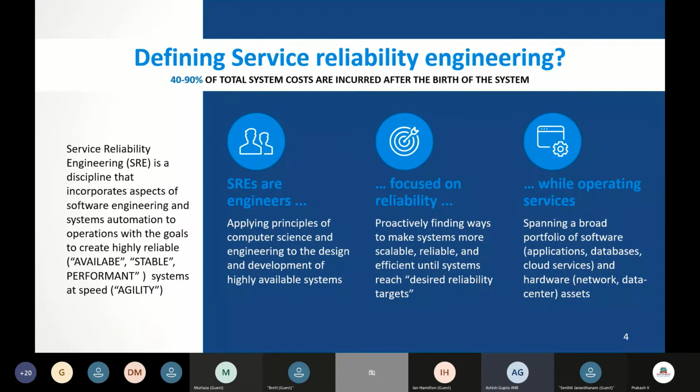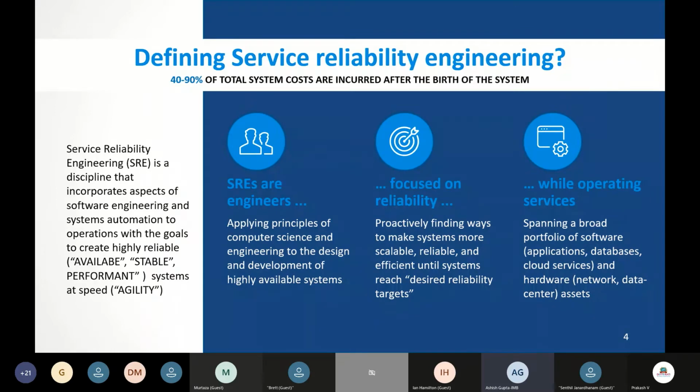And then it also includes the infrastructure component, which would be a combination of your network, your data center assets, and so on and so forth. So a typical focus on engineering principles, a focus on reliability, and a broad focus on the areas you need to think through is what was defined as the mindset of service reliability engineering.